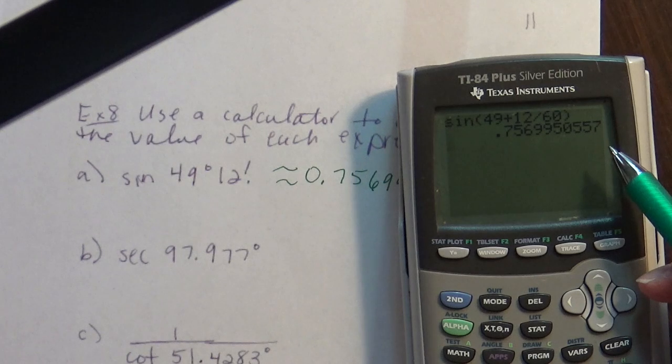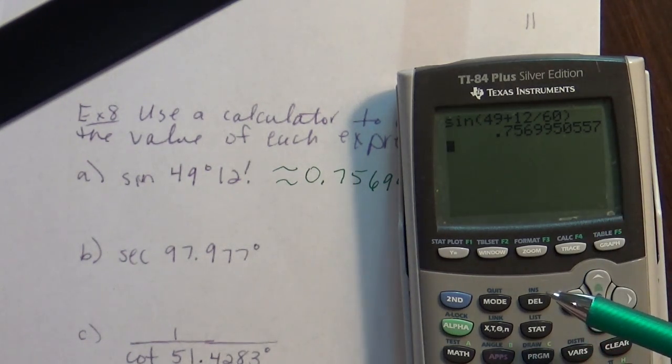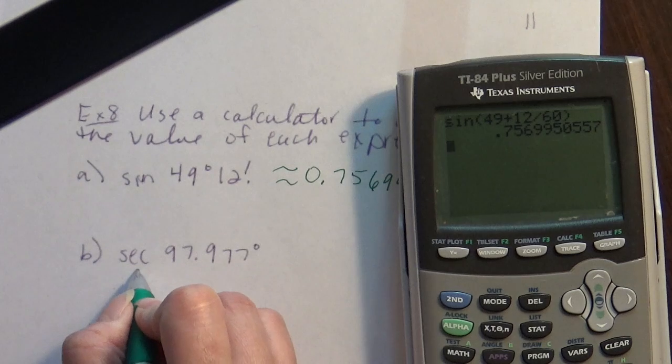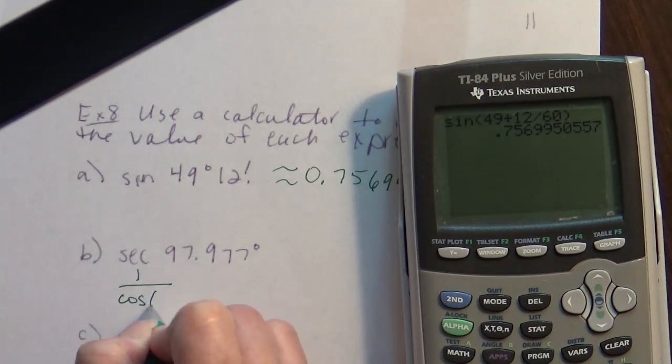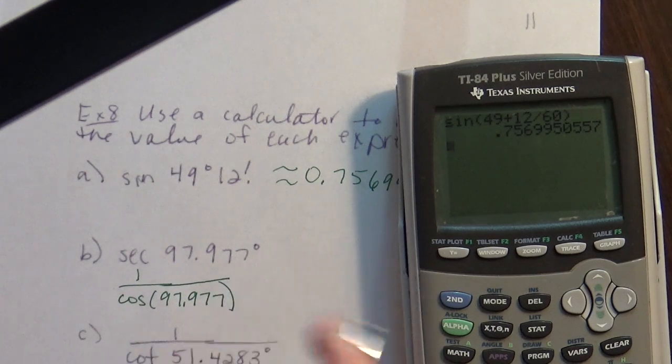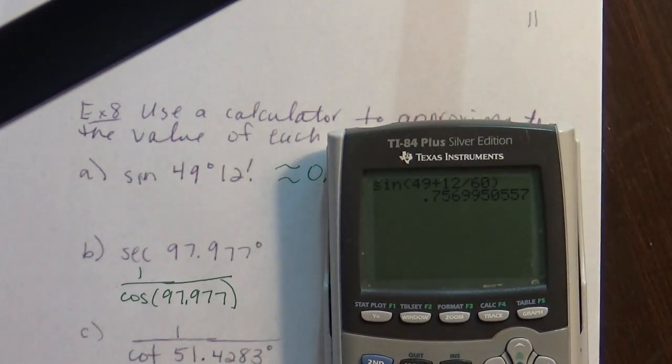In part B, we want to find secant. Well, there is no secant button on your calculator. But you know that secant is 1 over cosine. So what you need to do is express it in terms of cosine. You'll say 1 over cosine 97.977. That's what we're going to type in.